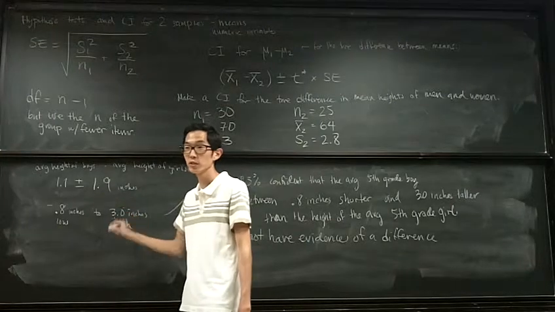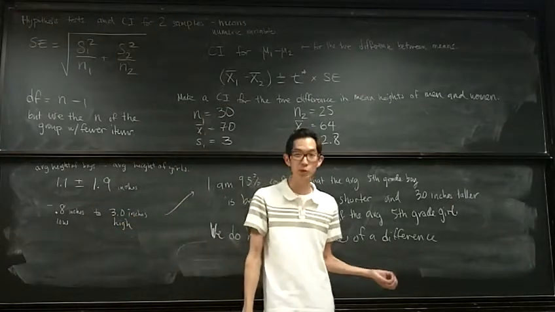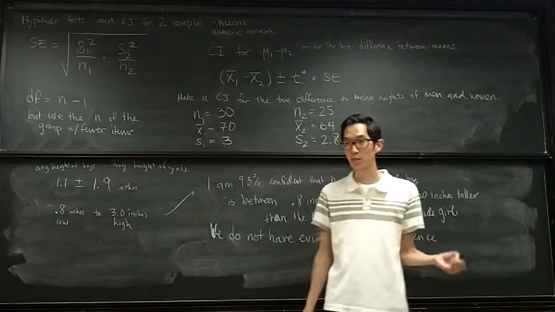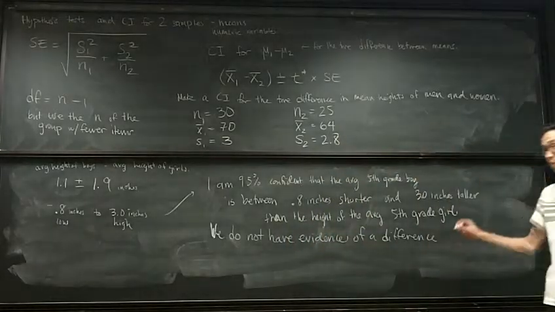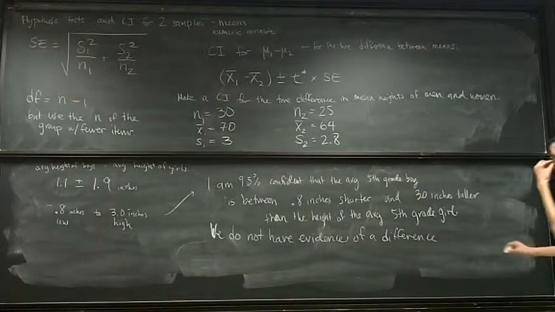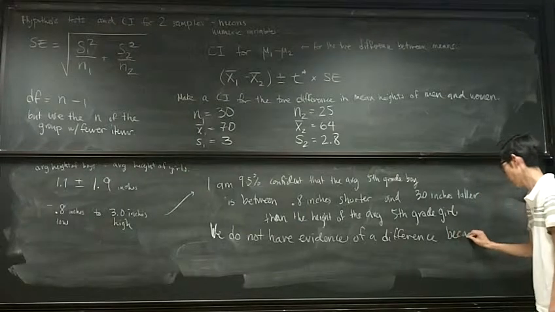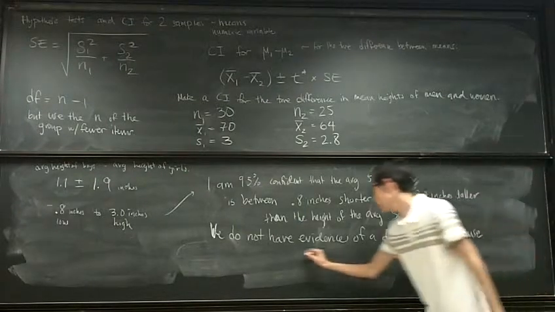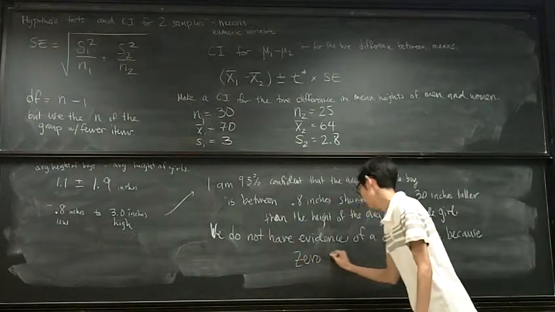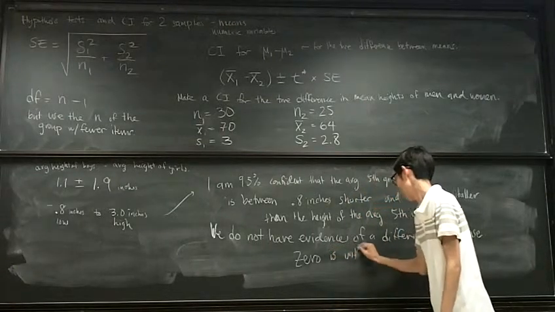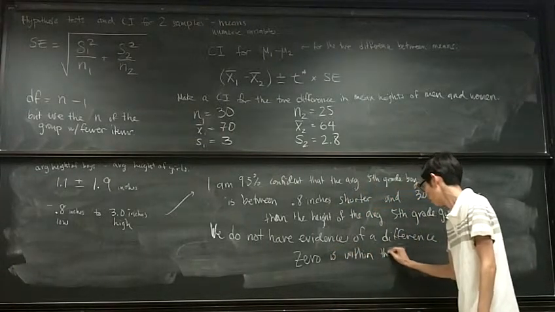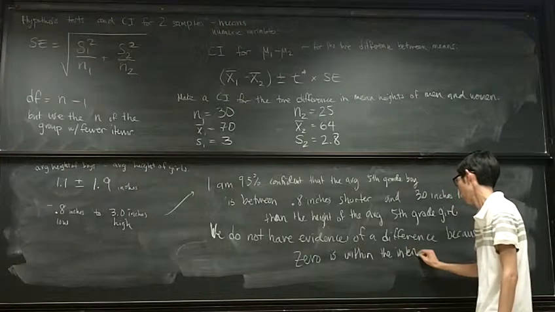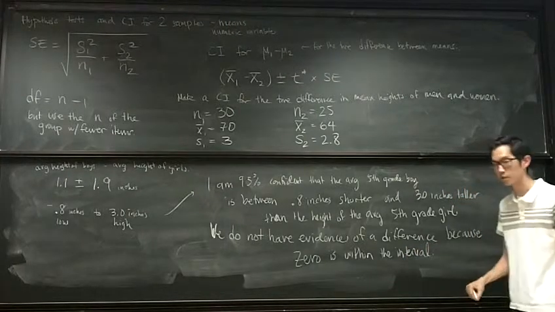You guys remember that rule for the proportion difference? Same concept applies here. Zero is within the interval.